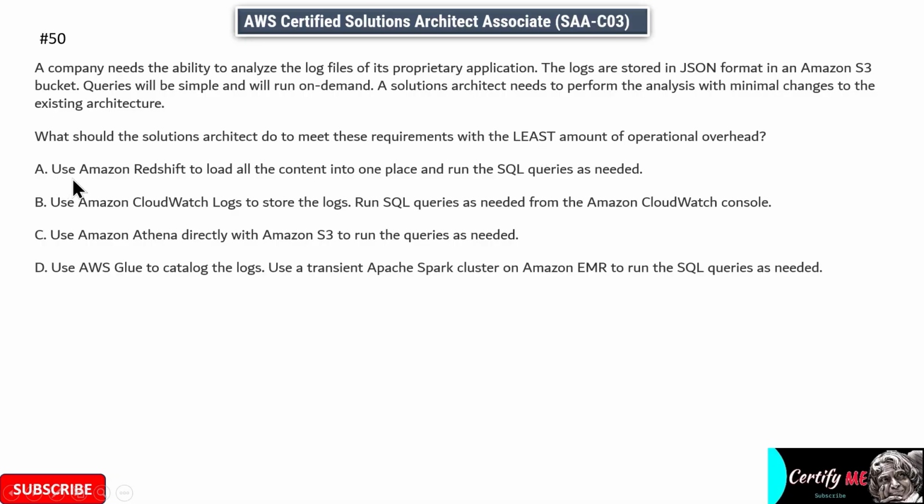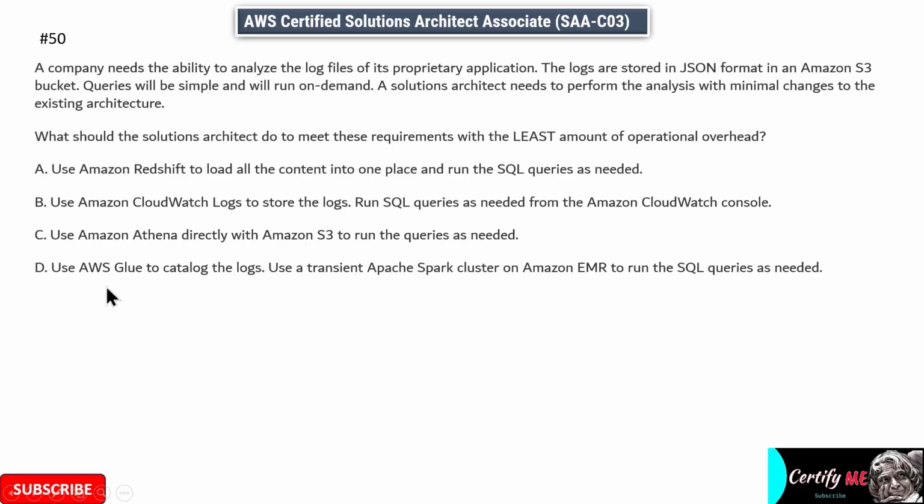Option A. Use Amazon Redshift to load all the content into one place and run the SQL queries as needed. Option B. Use Amazon CloudWatch Logs to store the logs, run SQL queries as needed from the Amazon CloudWatch console. Option C. Use Amazon Athena directly with Amazon S3 to run the queries as needed.